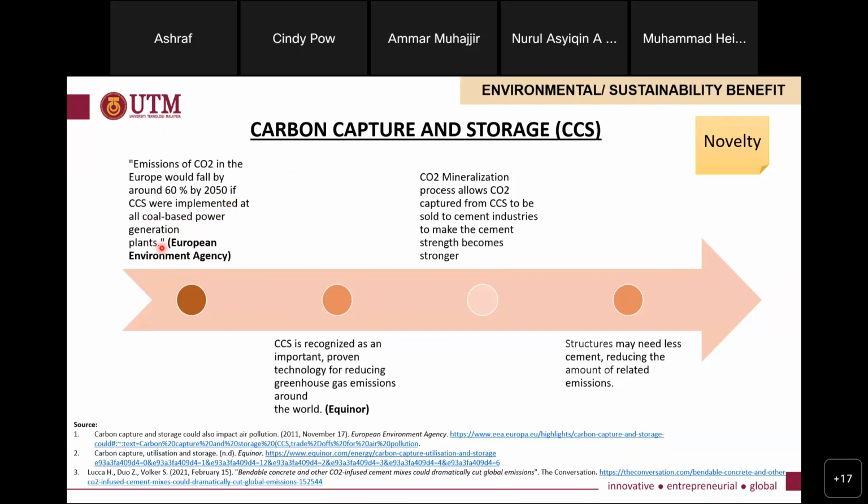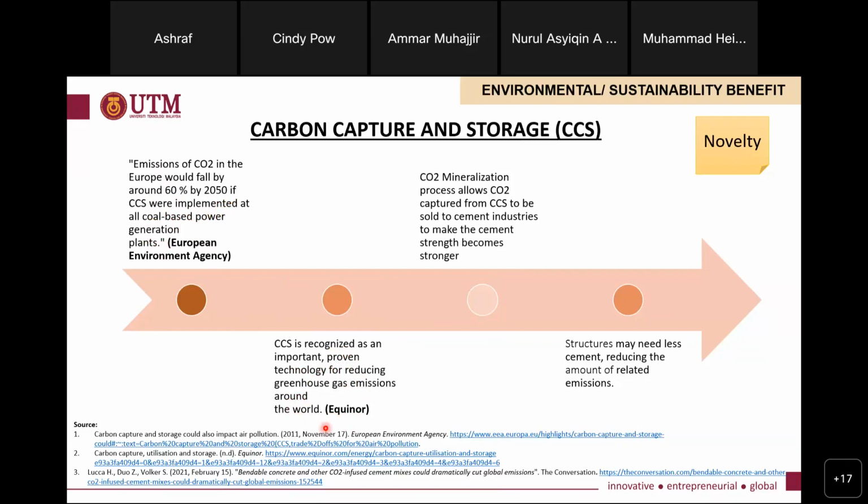And taken from Equinor, an energy company in Norway, they said that CCS is recognized as an important proven technology for reducing greenhouse gas emission around the world.